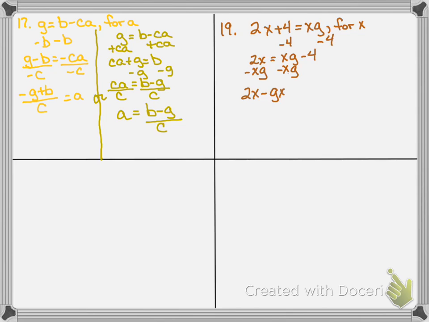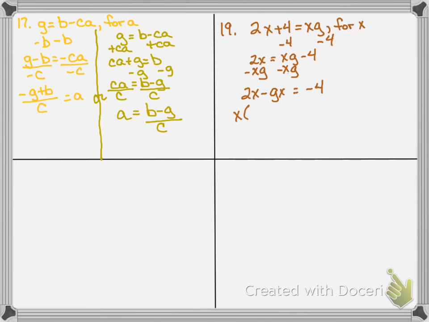We want that x to be in the same spots, so I'll just put that g in front of that x. So 2x minus gx is equal to negative 4.